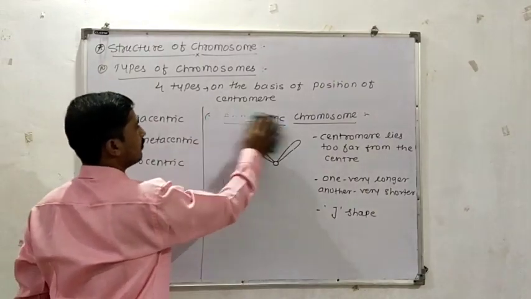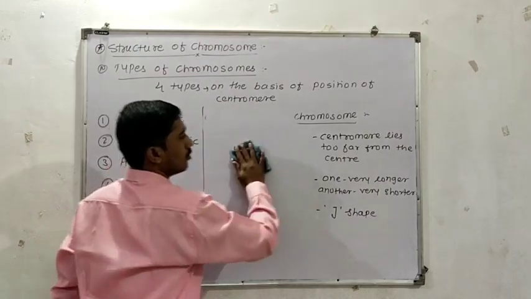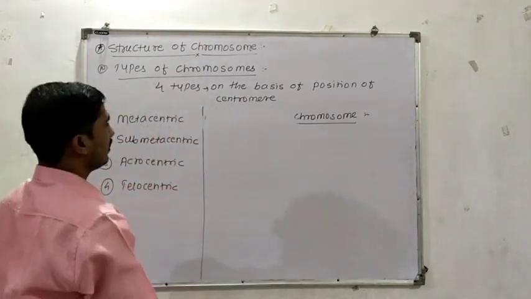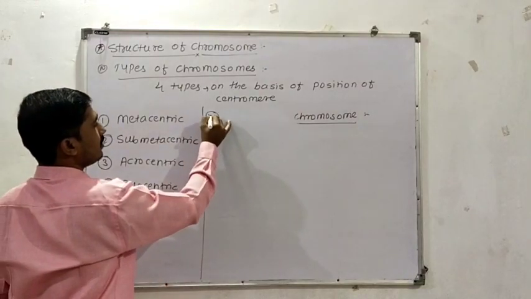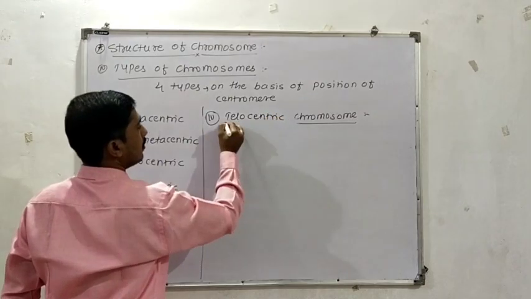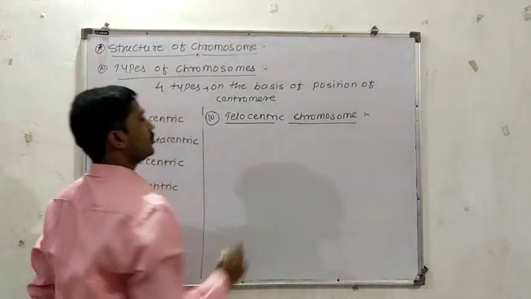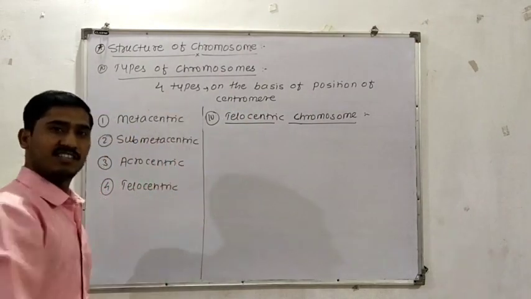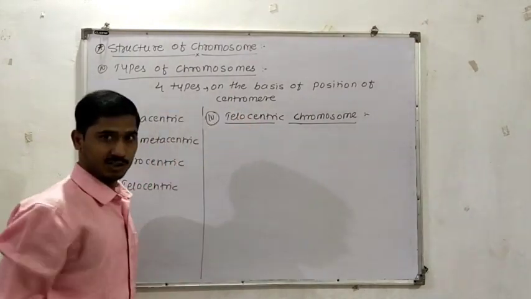Then the last type of chromosome on the basis of position is telocentric chromosome. Telocentric. Here also the meaning is given in the word itself. Telo means terminal position.